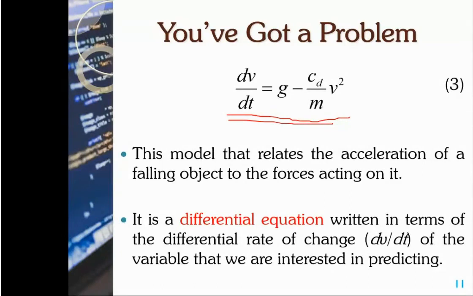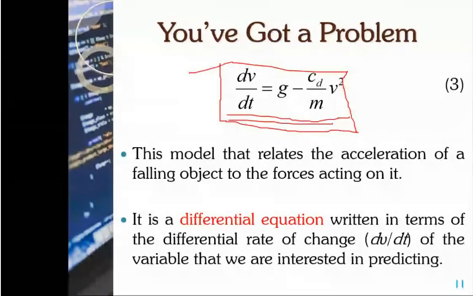So as an engineer who has just been hired to come on board, suppose that I would like you to determine the velocity of any jumper at any given time, okay, based on the model the mathematicians have come up with, which is this equation 3.